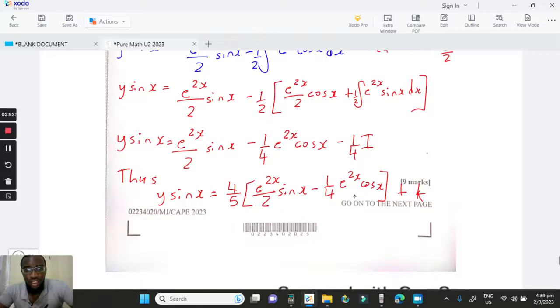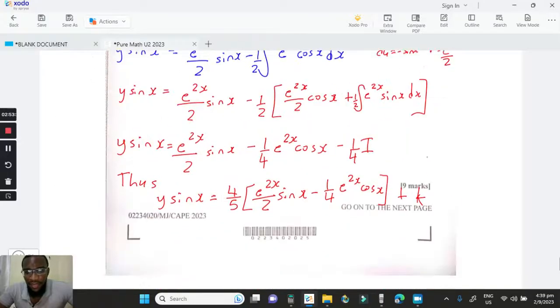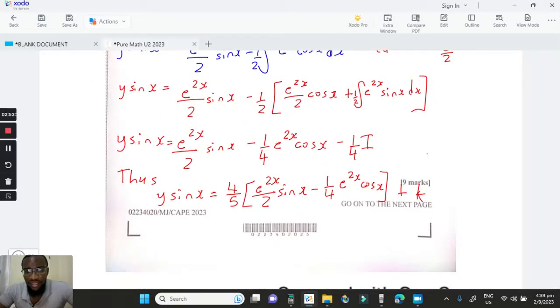That's it. Finished. Well, of course, you can divide through by sine x, but that's very tedious. Do you want to divide through by sine x? No problem. So let's just divide through by sine x for the fun of it. So y is equal to, 2 into itself 1, 2 into this goes 2 times, so that's 2 over 5 e to the 2x. Sine cancels sine.